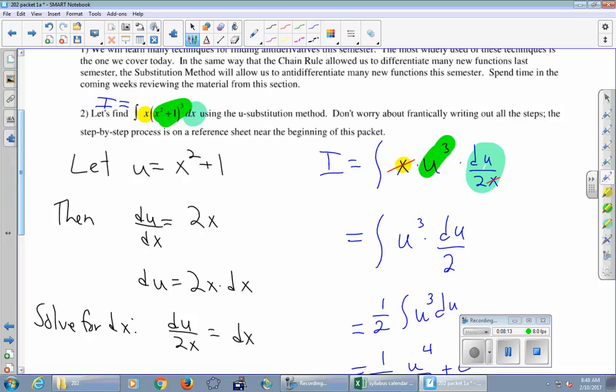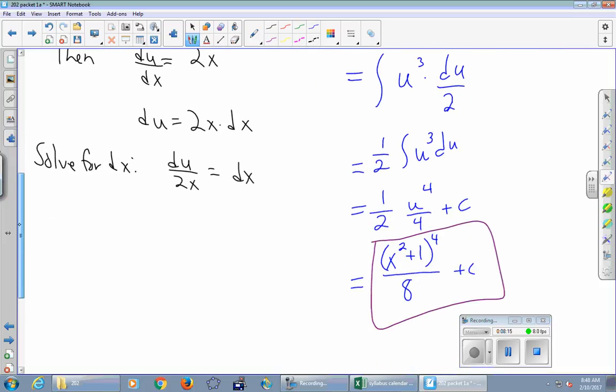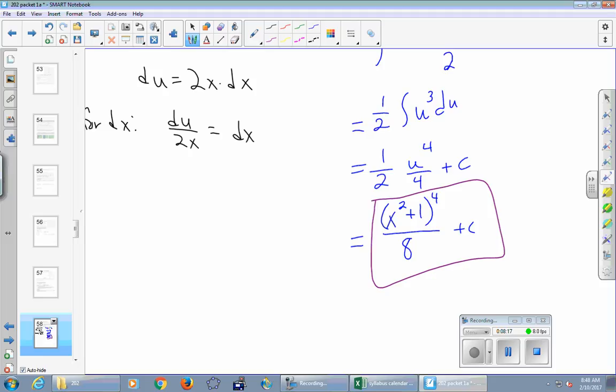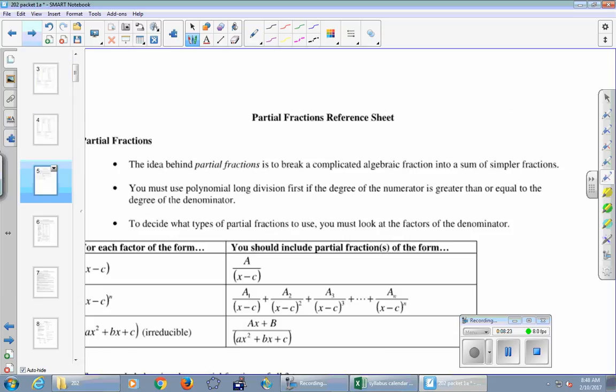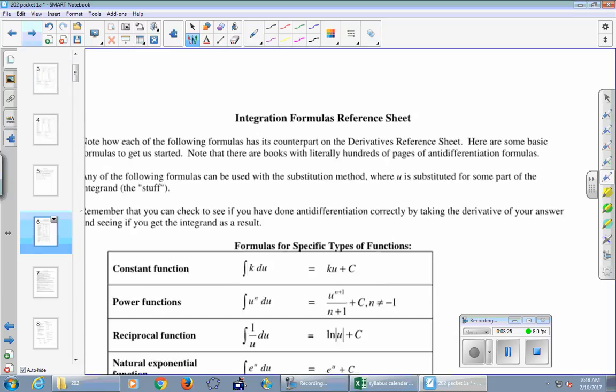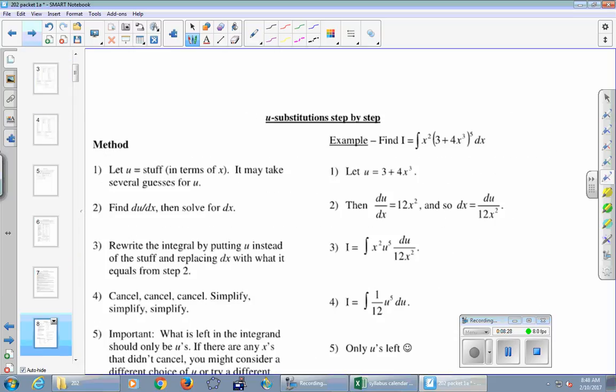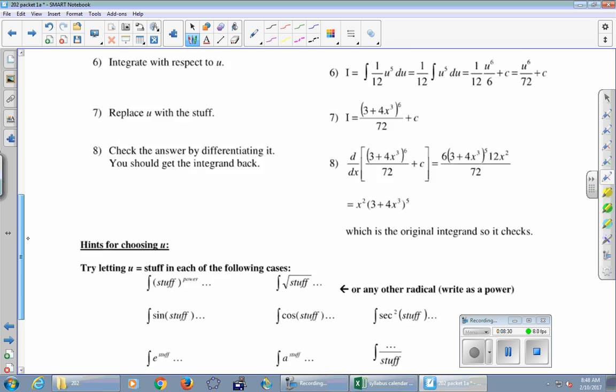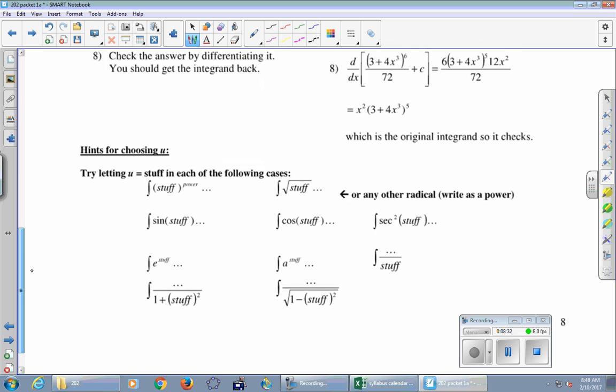Okay. All right, so let's take a quick look at the reference sheet near the beginning of this packet. It's right here, page 8. Everybody jump to page 8 real quick.